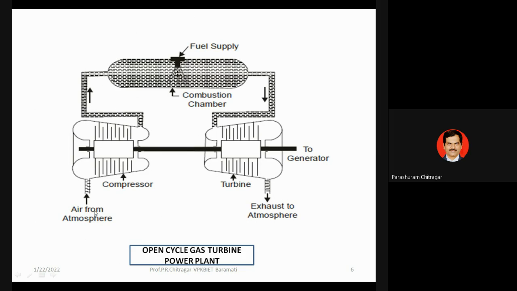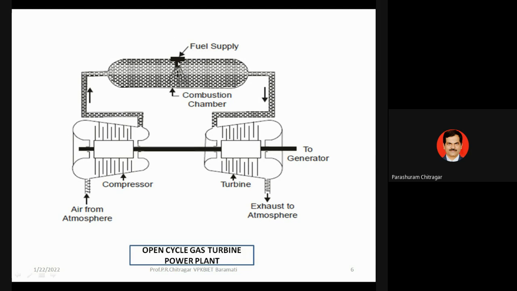So the air coming into the compressor is compressed, and then this compressed, high-pressure air is sent to the combustion chamber here. Here some amount of natural gas, or any type of fuel as we discussed, it may be oil, it may be a gas, it may be pulverized coal, can be sent over here.